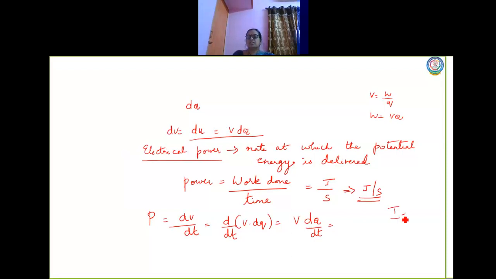What is dq by dt, children? dq by dt is I, right? Yes or no? So here is the formula for power, which is P is equal to V into I. Now this is one formula, which is the product of voltage and current. The product of voltage and current in a circuit is nothing but what you call power, or power is the rate of work done.